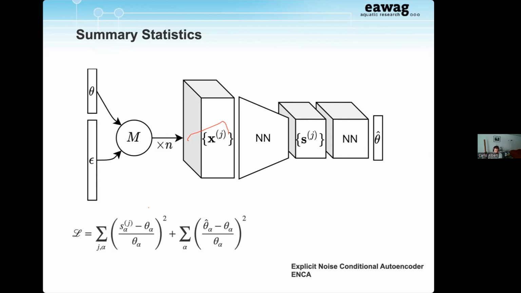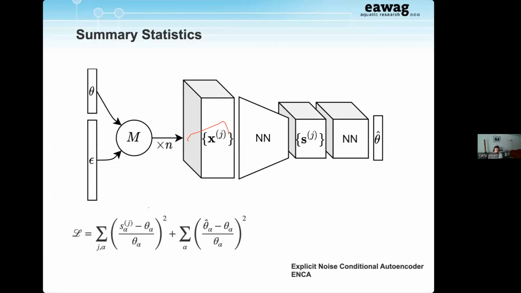So it's important to know which attractor you are in in order to know which amount of information you can pack into your summary statistics. So this turns out to work as well, not quite as well as an explicit autoencoder, but it does the job as well.